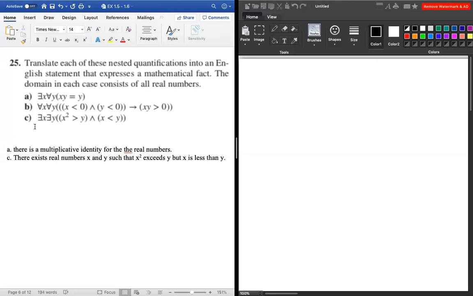Okay, so we have this, there exists a real number x, and then there is a y for which the square of x is greater than y and x is less than y. You can replace this "but" with "and" as well, or similar terms.